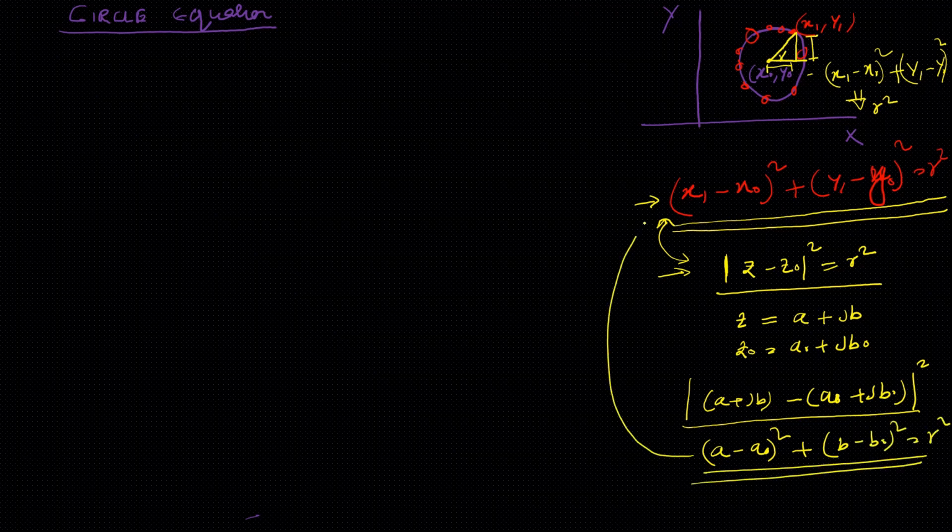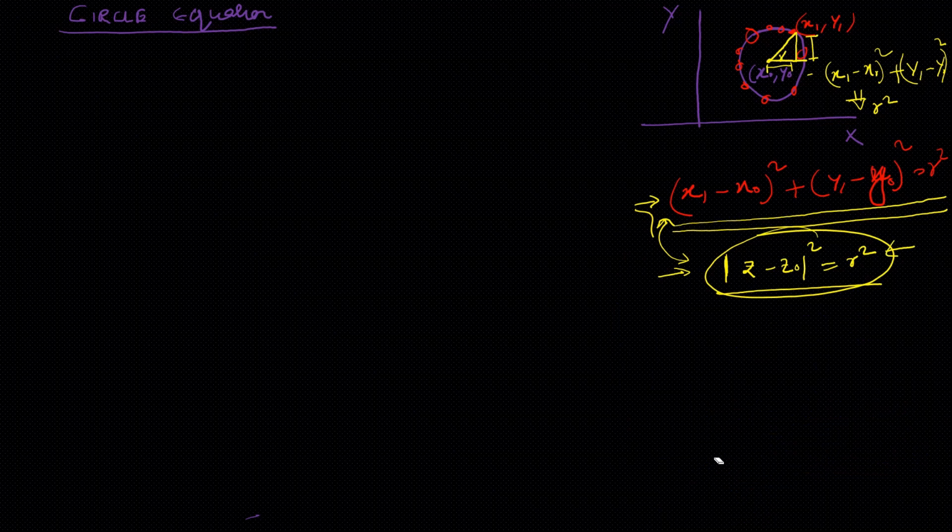Now see, these two equations are the same, and from that we can say that z naught is the center of this circle. I'm just making you recall previous things, so I'm skipping one or two steps, but I'm giving you the reminder of how this is also called a circle equation. So now we are convinced that this is also a circle equation, right?